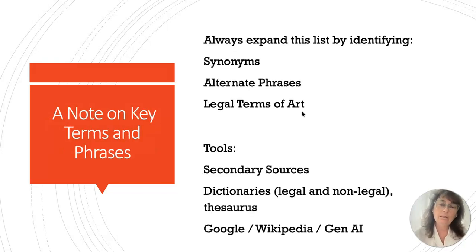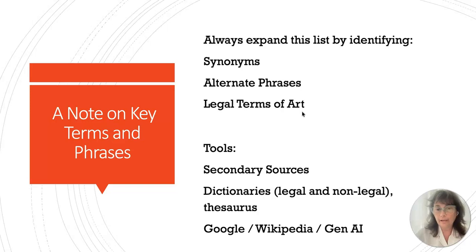And the other thing we always want to do in this analysis is identify your key terms and phrases and expand that list by adding any synonyms, alternate phrases, legal terms of art.